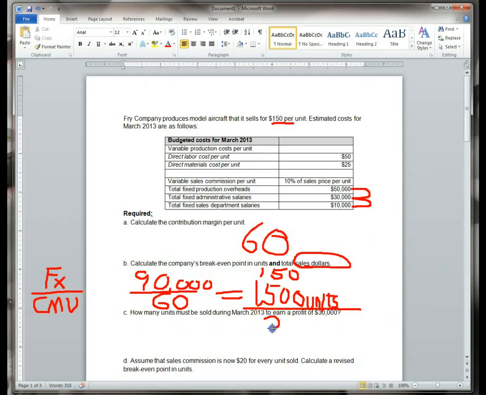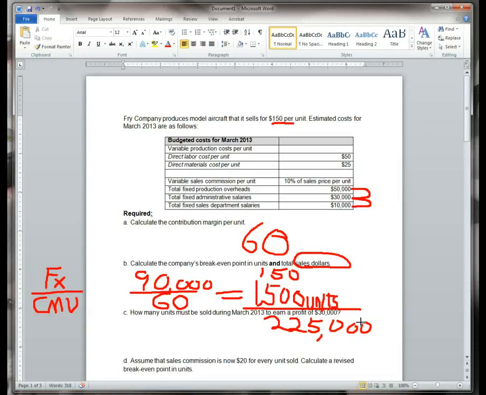I have something to the effect of 225,000. Now again, cheap calculator, so let's make sure we did this right. $150 sales price times 1,500 units is 225,000. Boy, that sure does feel right.